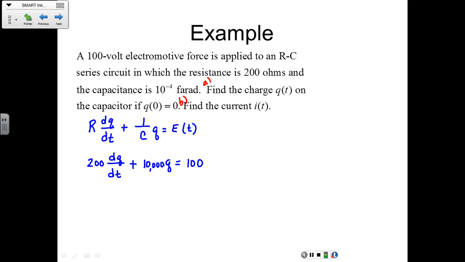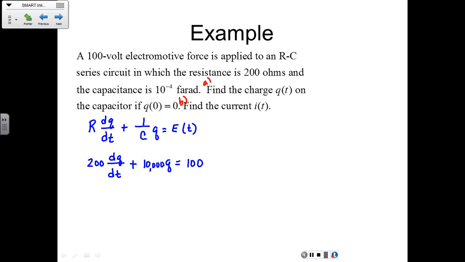So I have a linear equation, guys. Y'all remember how to solve a linear differential equation? You've got your derivative, you've got your Q right there, and then this has no Q involved in it at all. That's the linear setup. We're going to use the integrating factor method to solve this differential equation. What's our first step going to be?